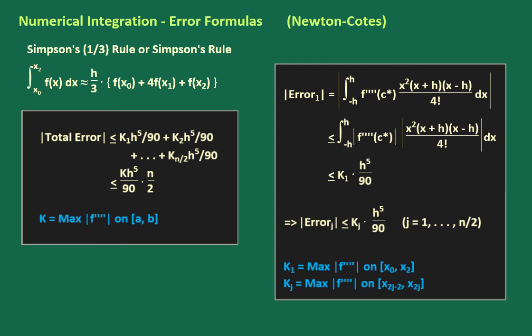We multiply the last quantity by n to the fourth over n to the fourth, and use the fact that h is equal to b minus a all over n, or that h times n is equal to b minus a. And so h to the fifth times n to the fifth is equal to the quantity b minus a raised to the fifth power.